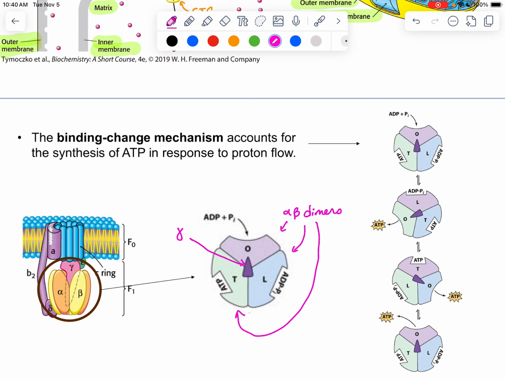So you can picture it as like a different shape kind of the 2 sides, and then the pointy end piece here. So each side looks different, and so it's going to affect the conformation of these alpha beta dimers differently depending which side of this gamma they are associated with.